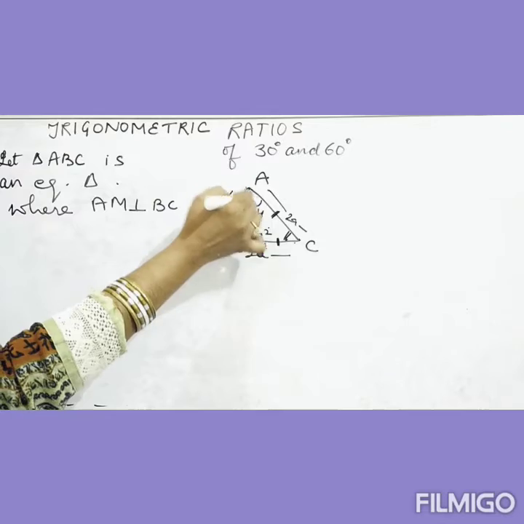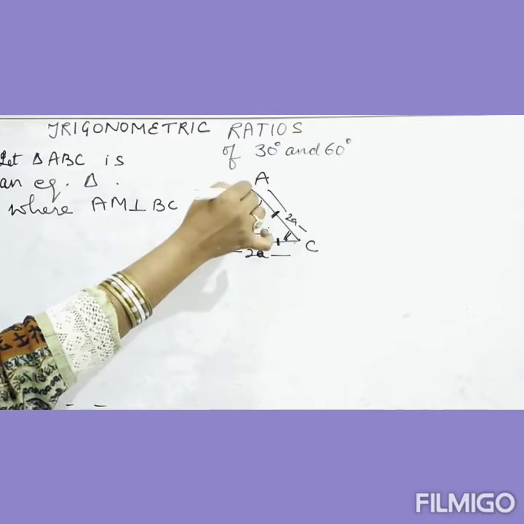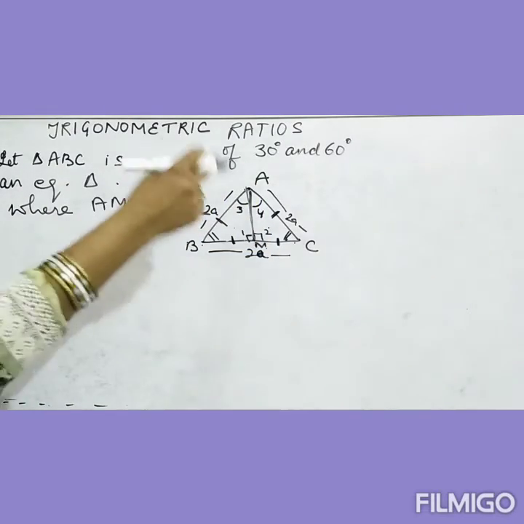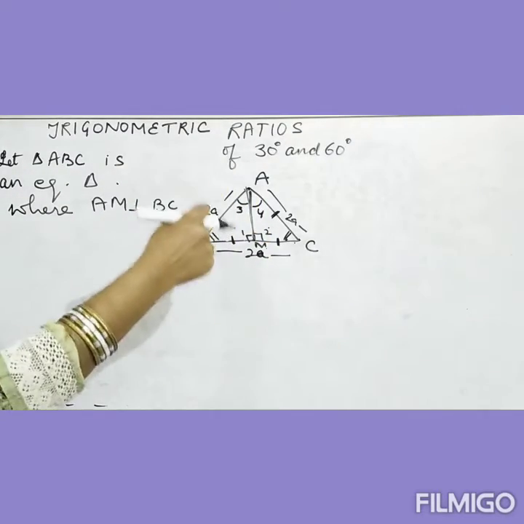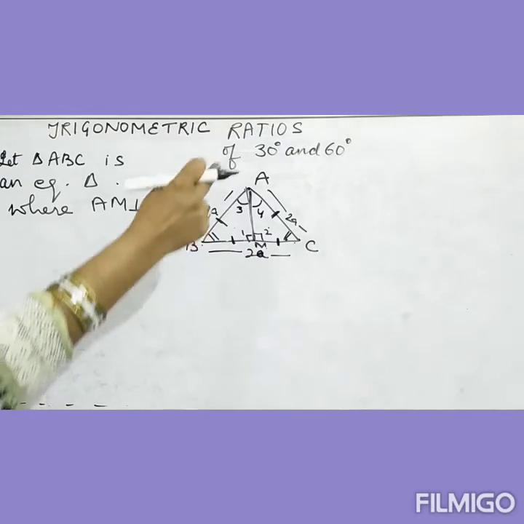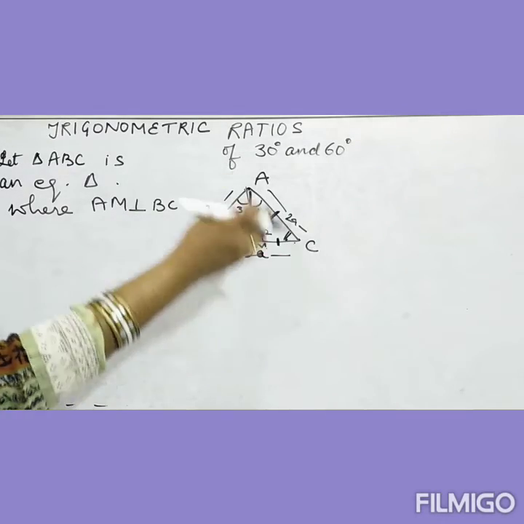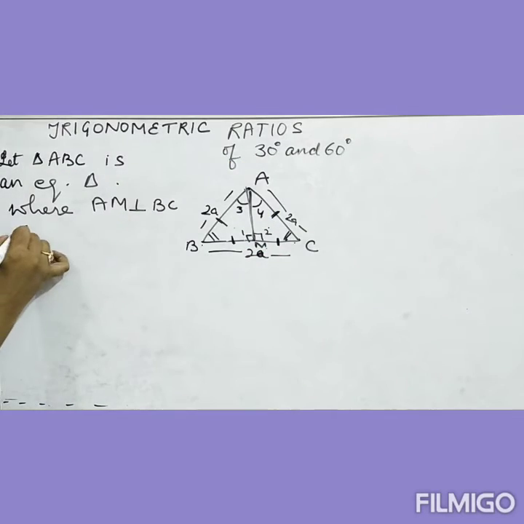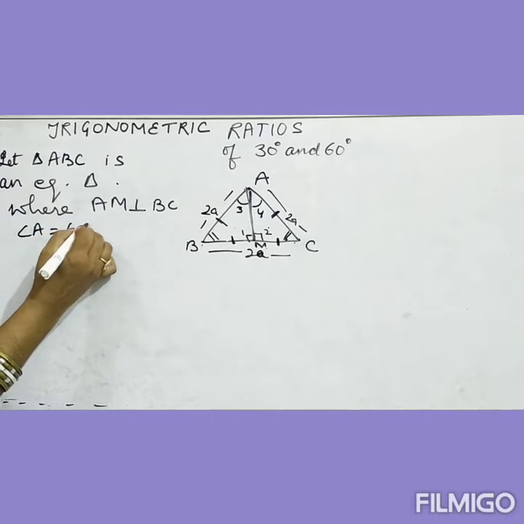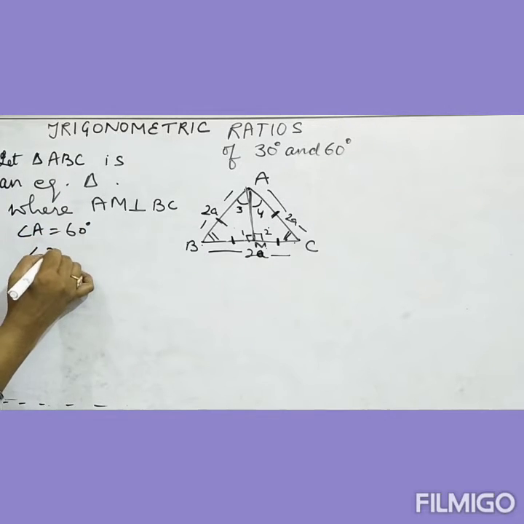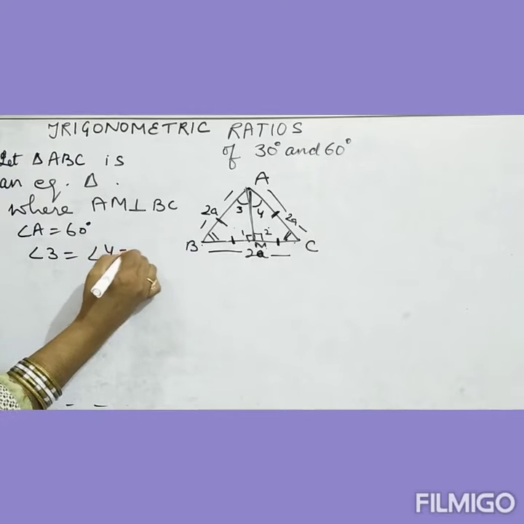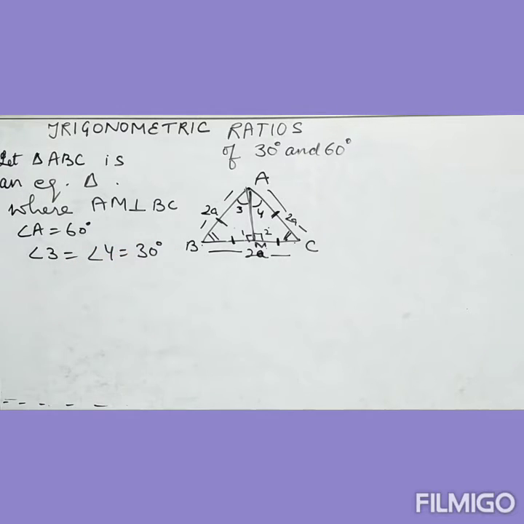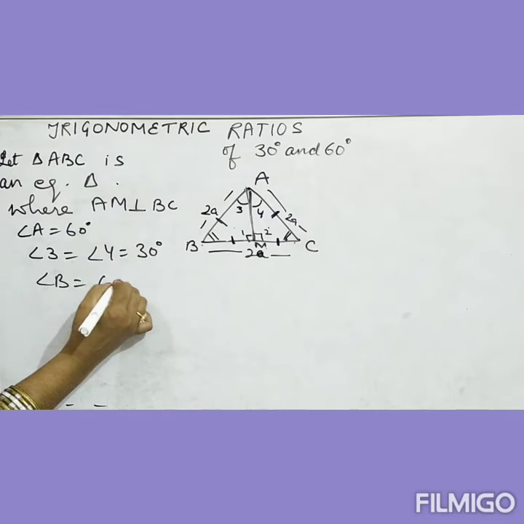But now the whole angle A is 60 degree, because this is an equilateral triangle, and in an equilateral triangle each angle is of 60 degree. And if angle A is 60 and 3 and 4 are equal, that means angle 3 equal to 4 equal to 30 degree. Okay, and angle B is again 60 degree.